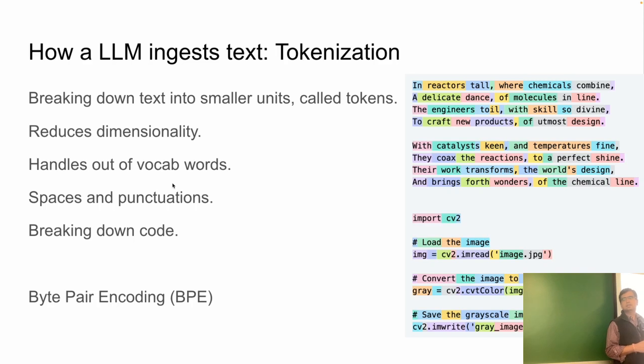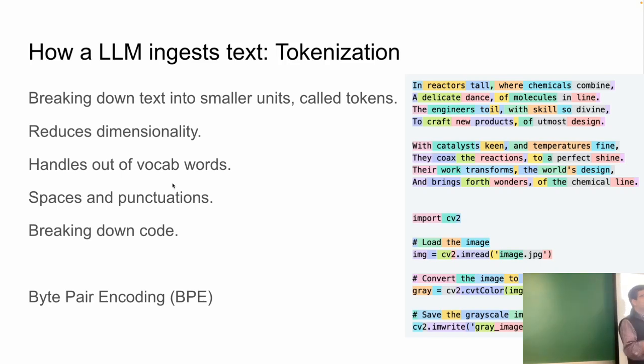Are there multiple types of tokenizers, or is there only one tokenizer? Yes, tokenizers are different algorithms. You can use different algorithms for a tokenizer. One of the most popular tokenizing algorithms is byte pair encoding, which is called BPE. BPE works like this: if you have a text, you cluster two adjacent tokens together, find out which is the most frequent pair of letters, and then combine these pairs to make one token.